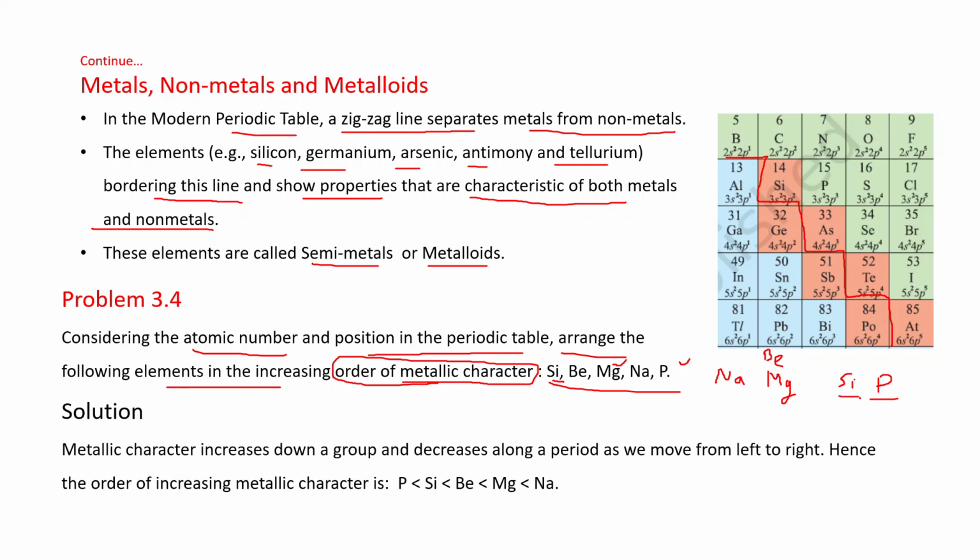Then silicon. Then out of these two, which is less metallic? As we discussed, down the group metallic character increases. That's why magnesium is more metallic than beryllium. That's why beryllium, then magnesium, and then sodium. This is the increasing order of metallic character.